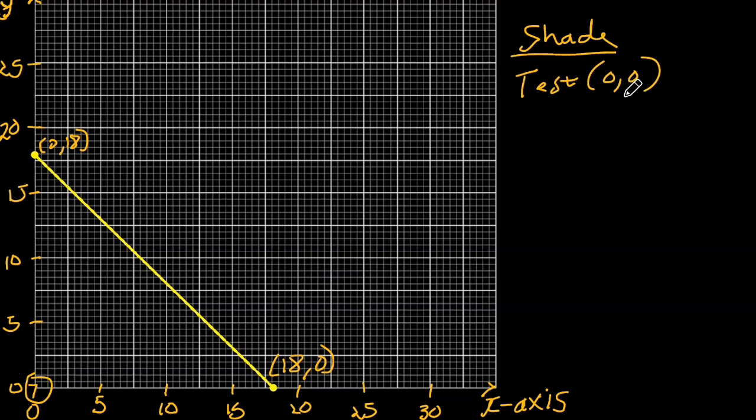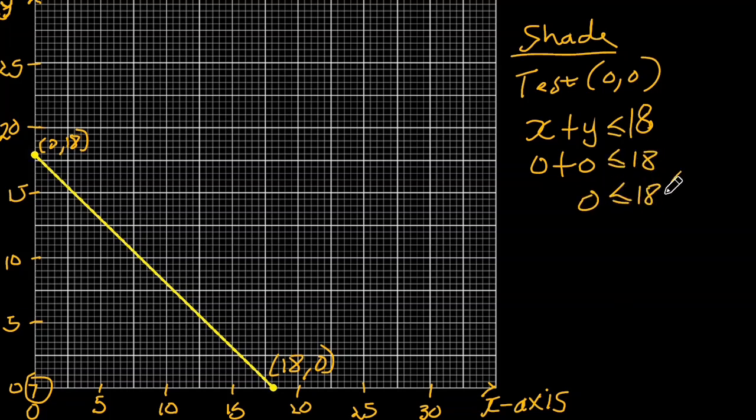I take my test point and put it into the inequality itself: x plus y is less than or equal to 18. Sorry. So I say 0 plus 0 is less than 18. So 0 is less than 18, which means that this is very true. So I am not going to shade the true side, I am going to shade the false side. So the false side, I shade it properly like this.